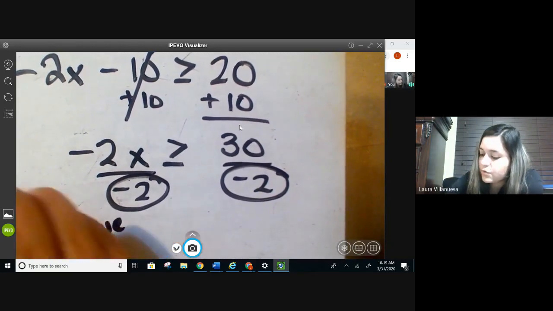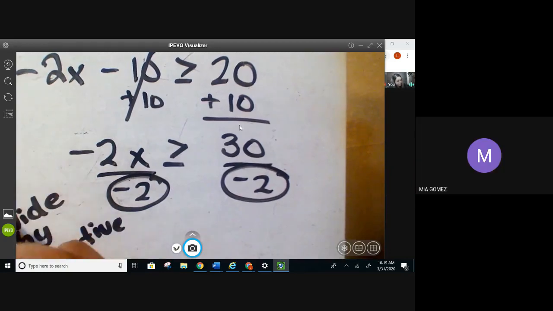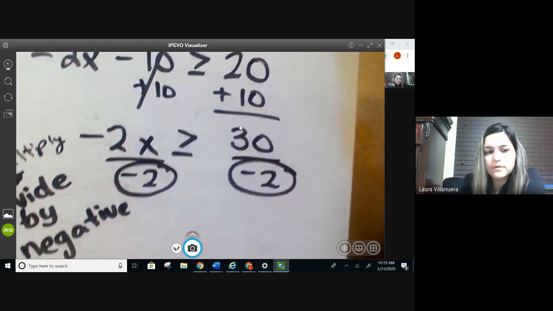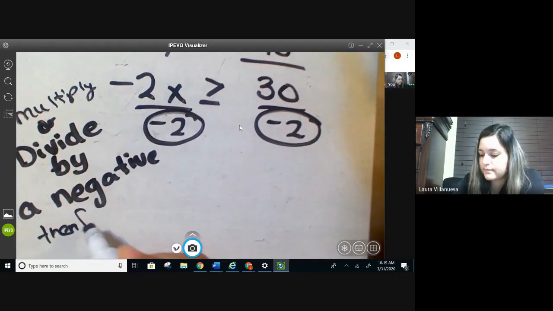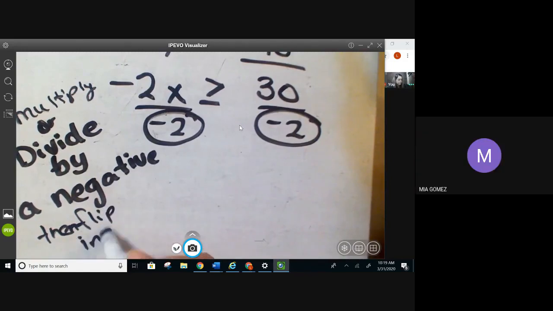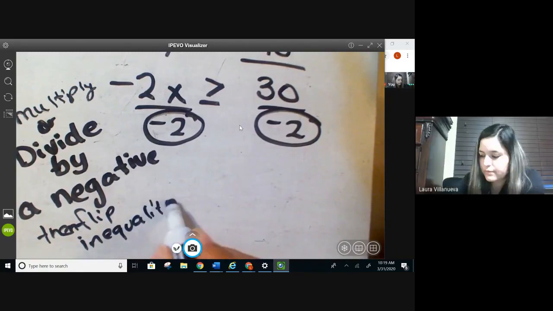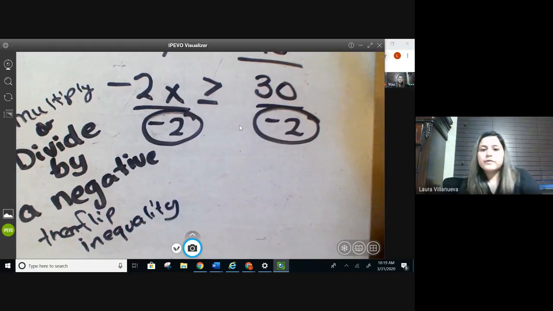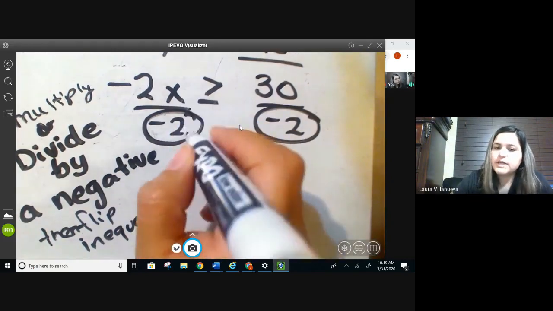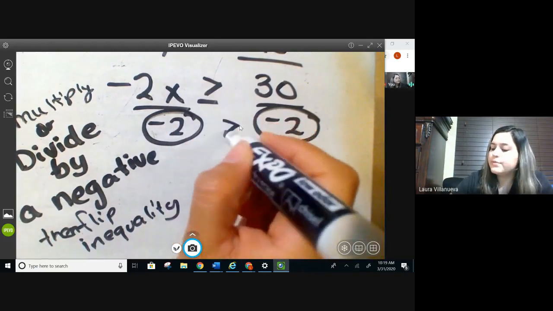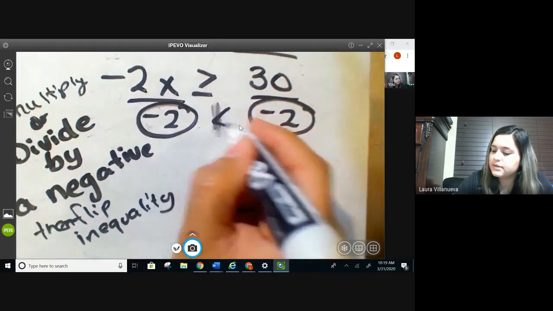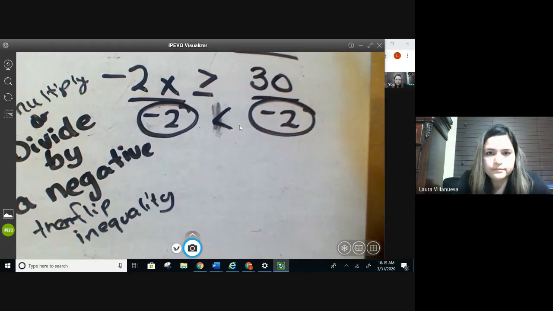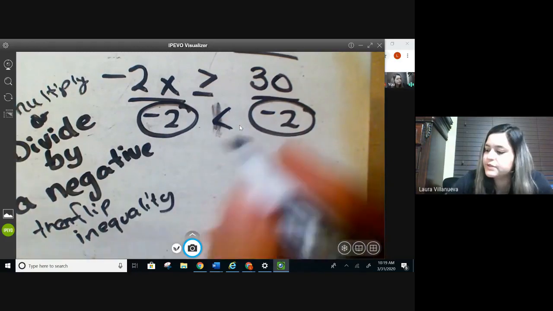If you divide or multiply by a negative, then you're going to flip the inequality. That's why I circle when it's a negative, so you remember to flip this. It's not going to be greater than anymore. It's going to be less than. It's still going to be equal to.